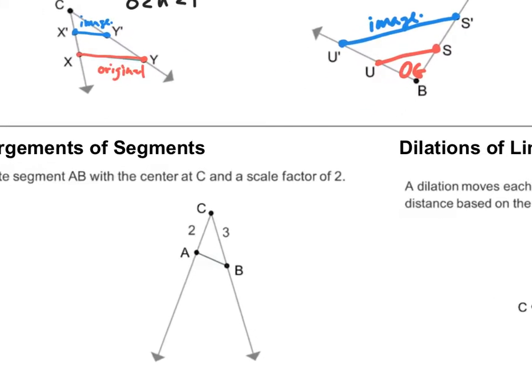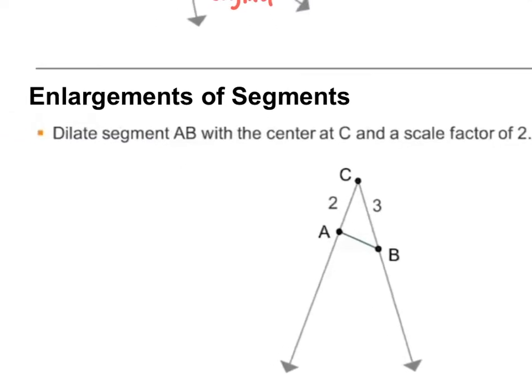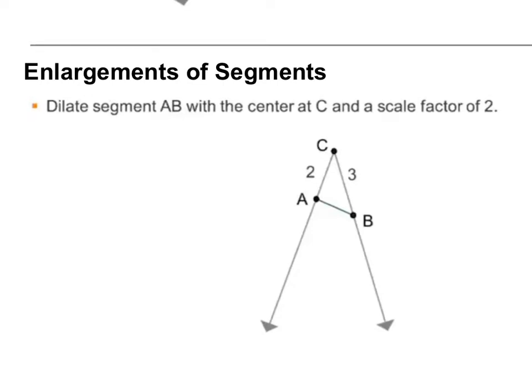Now we want to enlarge this segment. So I want to dilate segment AB, with the center at point C, by a scale factor of 2. The distance from point A to point C is 2.